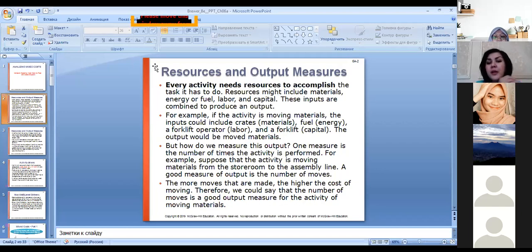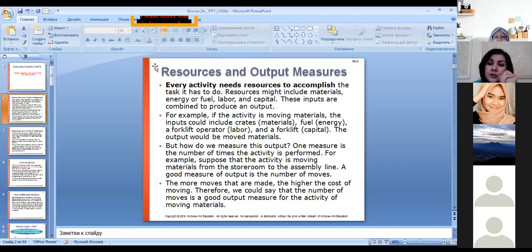Resources used to make a product might be materials, energy, fuel, labor, and capital. These are inputs combined to produce an output. Output is simply the finished goods that we produce. Another name for finished goods is output.